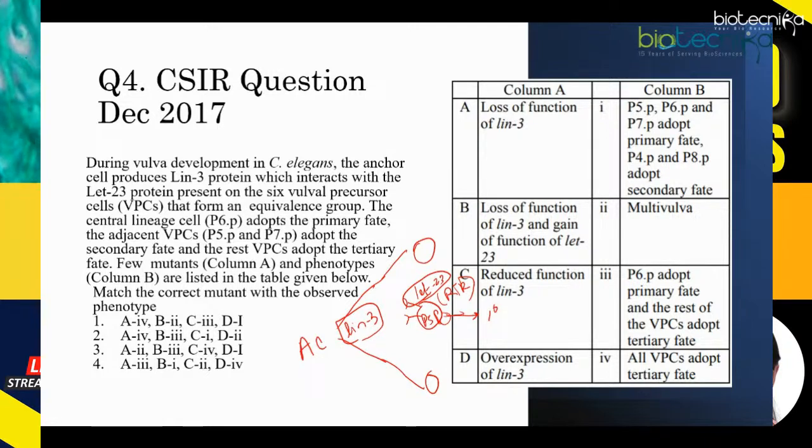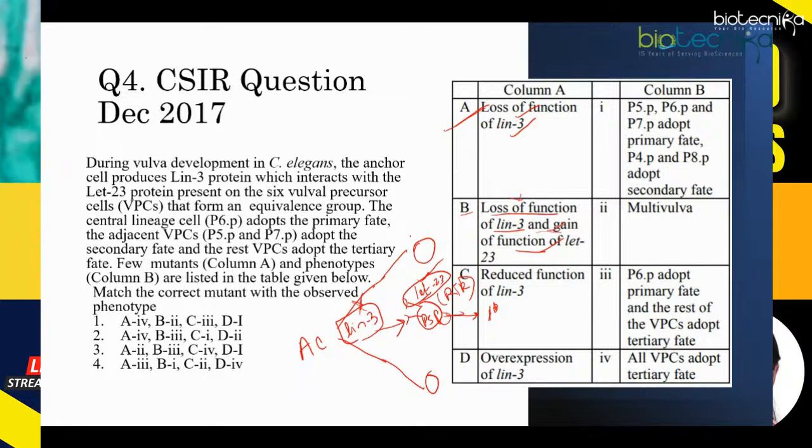Now the first question is, let's say B, loss of function of lin3. You know it's because of the signaling only that the cell gets the primary fate. Now if we don't have lin3, the signal itself is not there, but somehow they have gained a let23 mutation. So A is loss of function of lin3, and B is loss of function but the signal receptor is activated without the signal, that is gain of function.